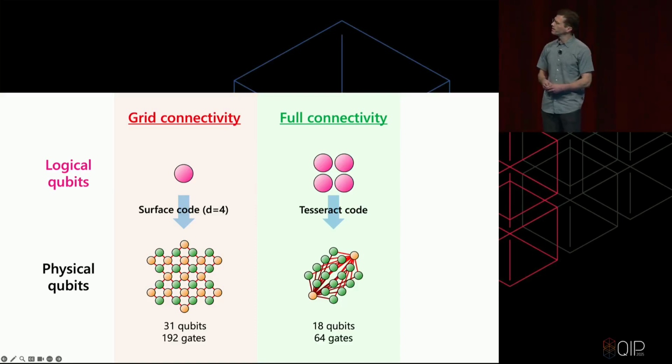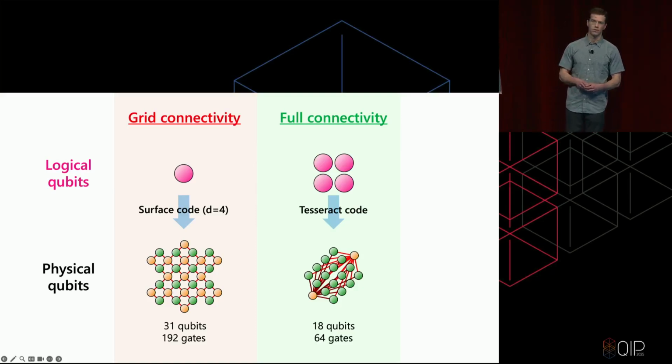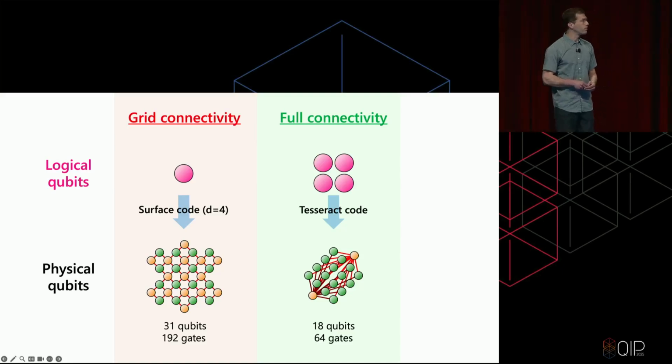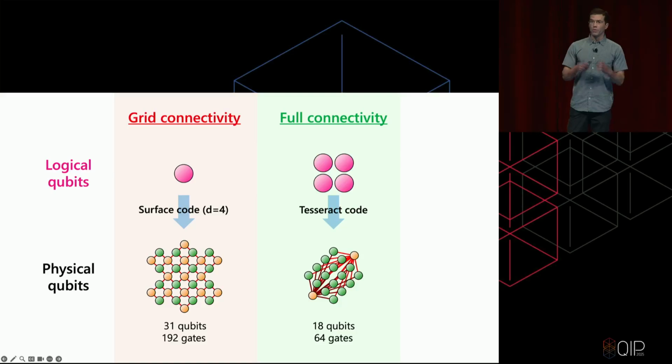Let me emphasize again the advantage that full connectivity gives us versus just using, say, grid connectivity with the surface code. So for comparable protection, you could use the surface code with distance 4, which with the standard embedding uses 31 qubits, 16 data qubits, and 15, if I have it right, ancilla qubits, to represent one logical qubit.